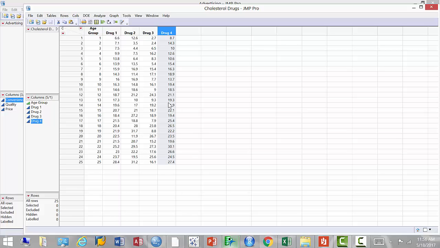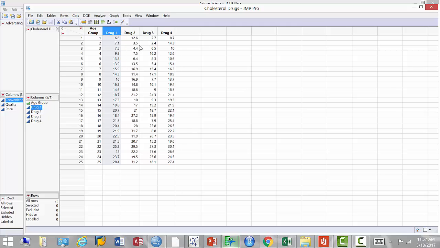So you can see that here is my drug number 1, 25 people taking it, right? Drug number 2, 25 different people taking it, right? Okay, that's all good and dandy. Do I have samples collected independently, or are they matched? Or blocked in this case? They're blocked, right?